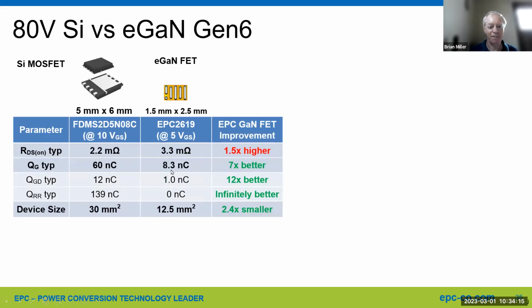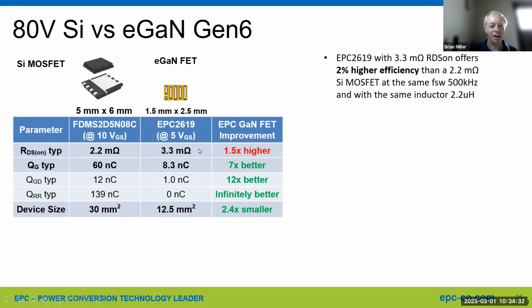So a comparison chart showing a silicon MOSFET versus one of the Gen 6 GaN FETs here, with data sheets on the EPC website. You can see that the resistance is higher in this particular example, but with the switching loss a lot lower, you can often get better performance with a higher RDS on GaN FET versus a silicon MOSFET.